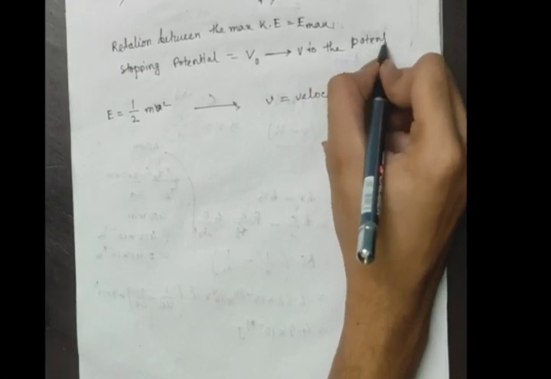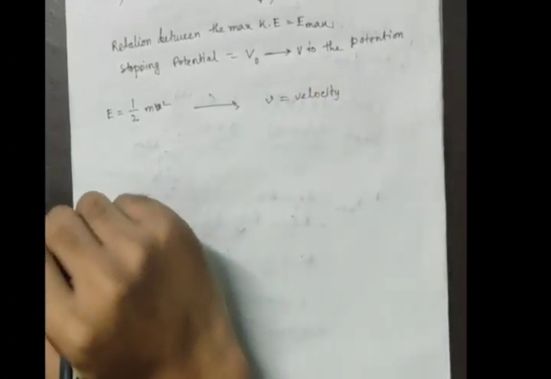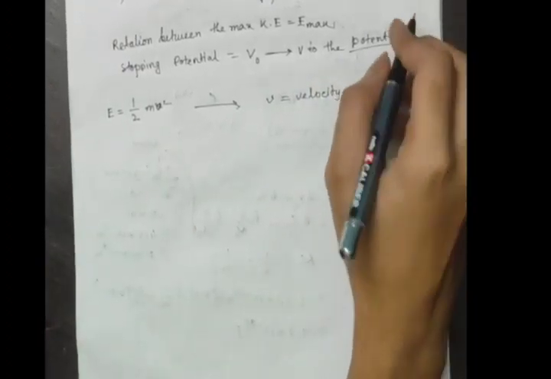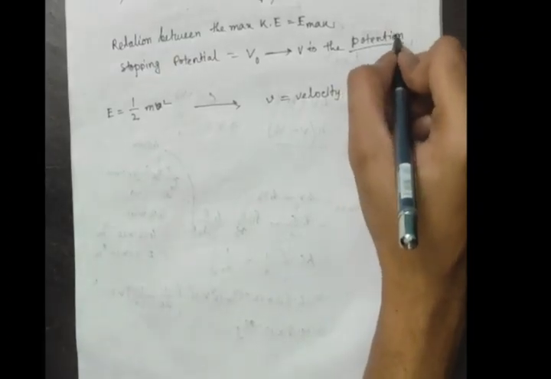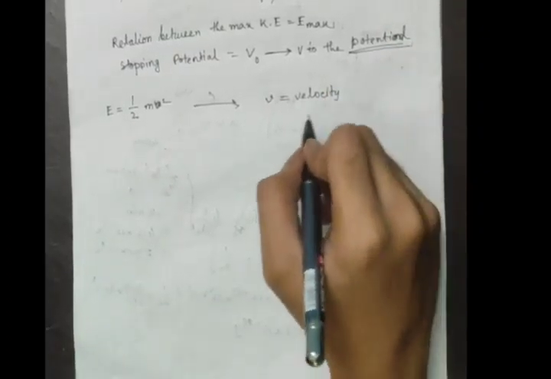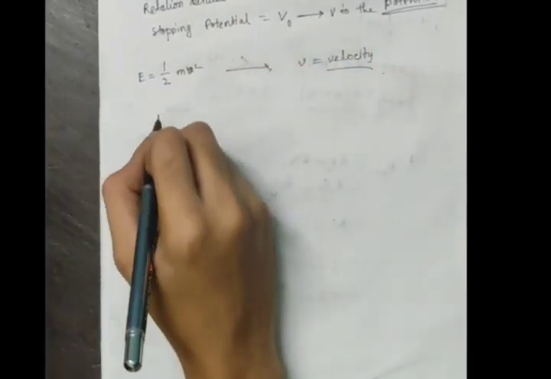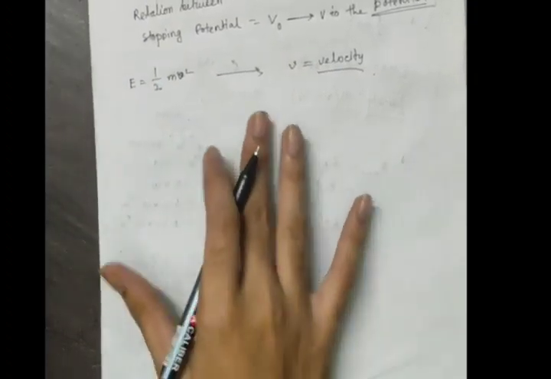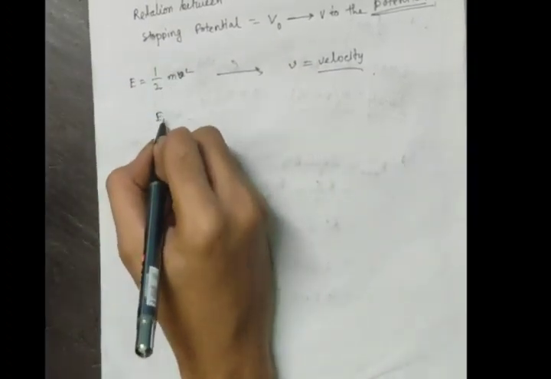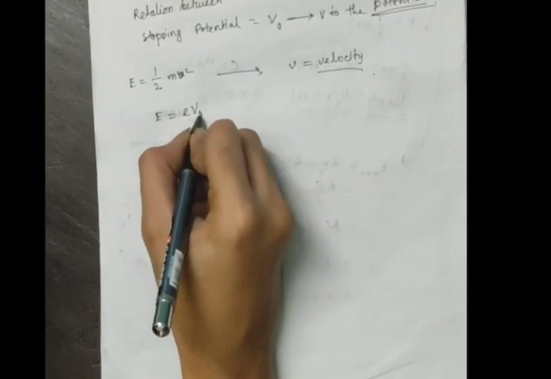Always remember this difference: this is potential and this is velocity. Okay, so we know that we have said before that E equals eV.